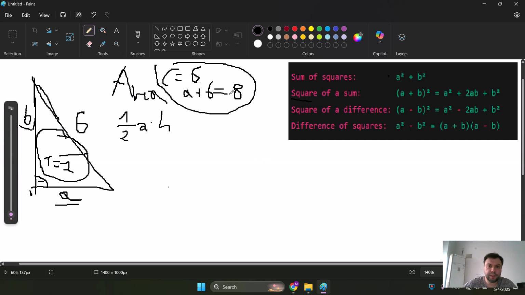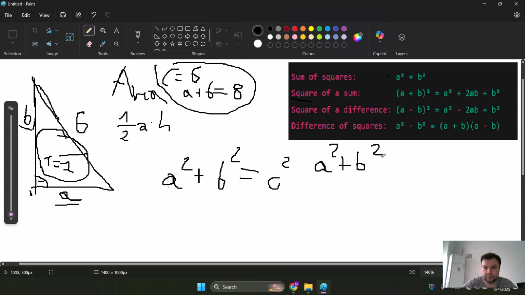So we know that a plus b equals 8. So look what's going to happen. We know that Pythagorean theorem tells us that a squared plus b squared equals c squared. So we can say that a squared plus b squared equals 36.